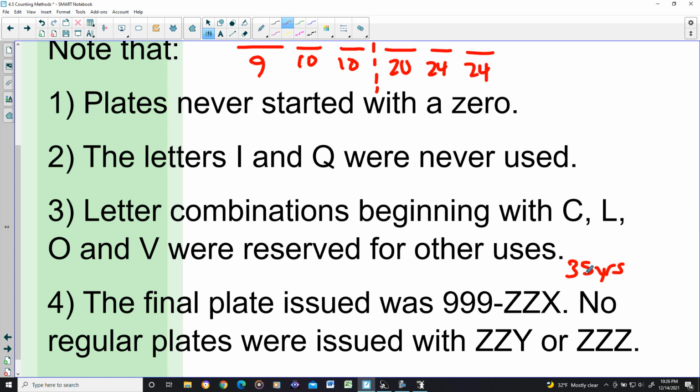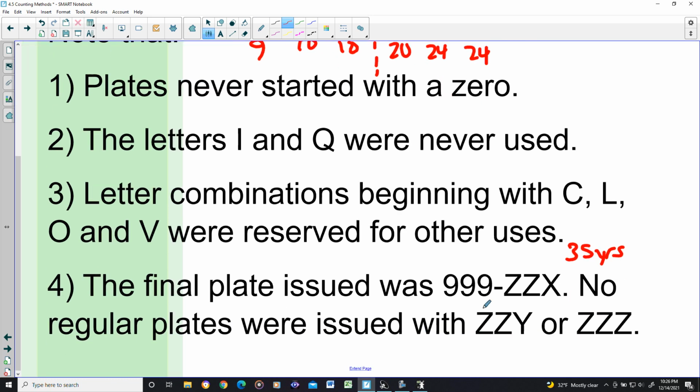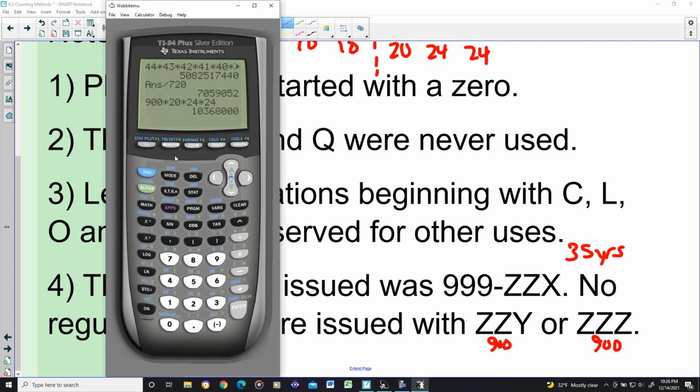But remember what we said before. We said before that each letter combination had 900 plates. So here's 900 plates, and then here's another 900 plates. So we're going to take this number and we're going to subtract 1,800. 10,366,200. And so that is the total number of license plates of this format.